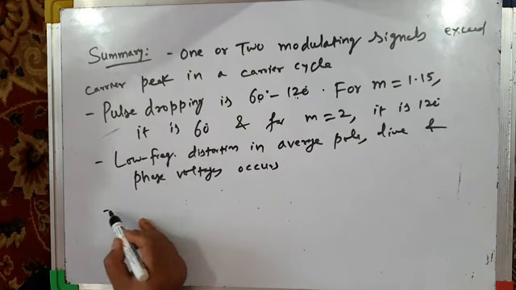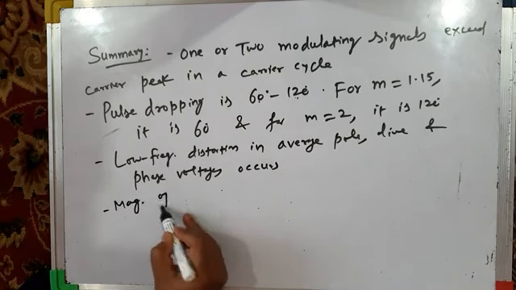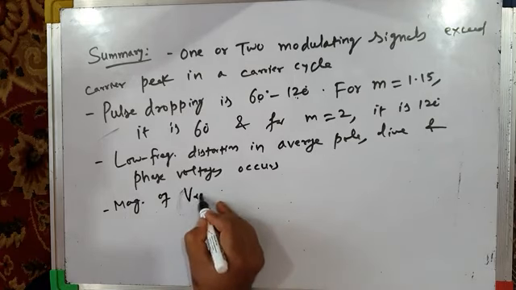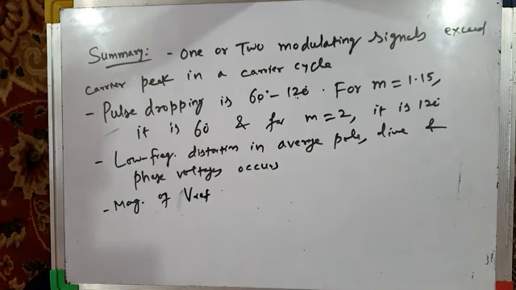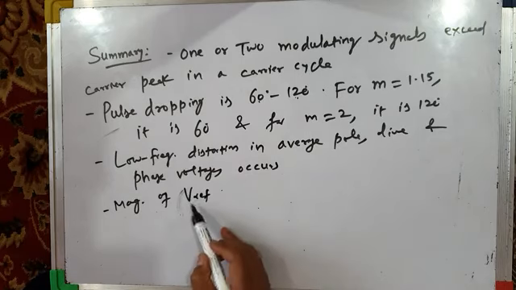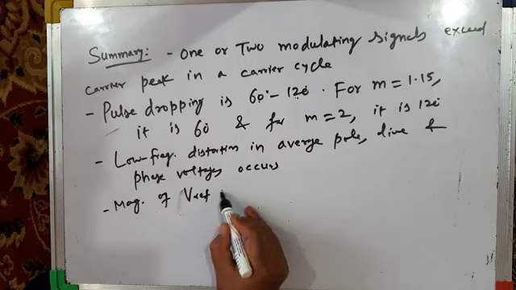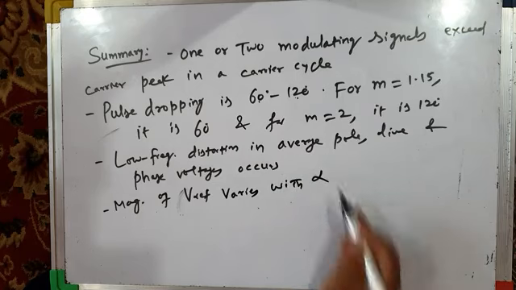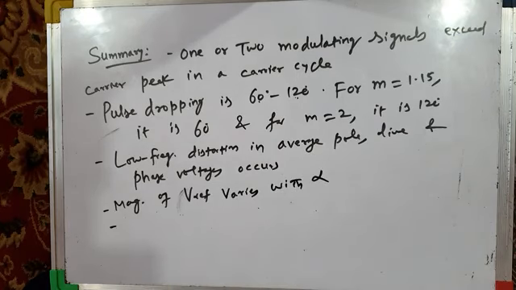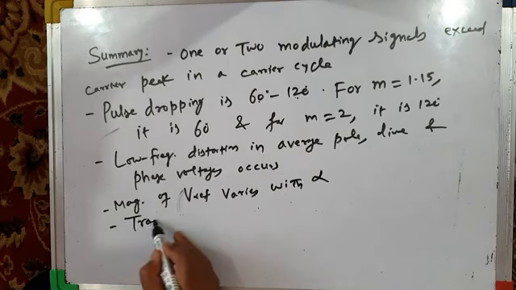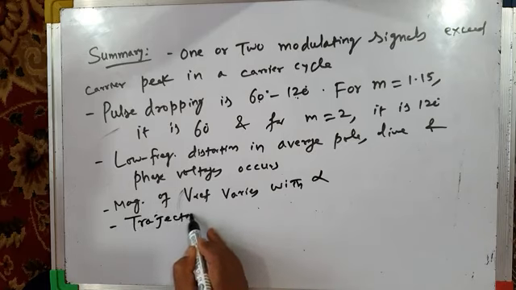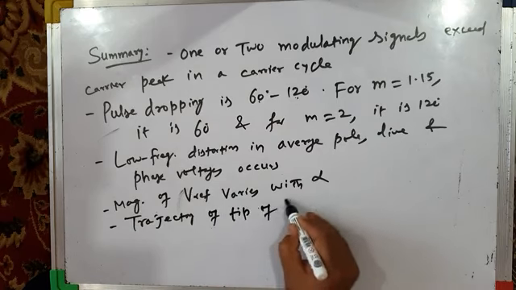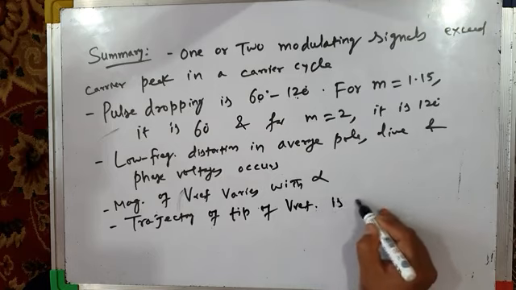The next point is magnitude of rotating reference vector. I should write Vref. Now Vref is understood, it is the rotating reference voltage vector. So the magnitude of the average rotating reference vector, Vref, varies with alpha. Okay. And next is that the trajectory of the tip of Vref is non-circular.